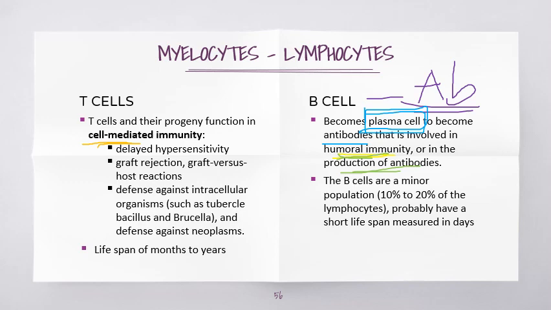A good analogy for the T cell is that it is very war freak. If it sees something it doesn't like, it will attack it. Imagine that if it is left uncontrolled in the body, it will attack yourself. It will attack your own cells. It will attack your own organs. That is now the basis of your autoimmune diseases. Your T cells, being war freaks, will attack your own cells.